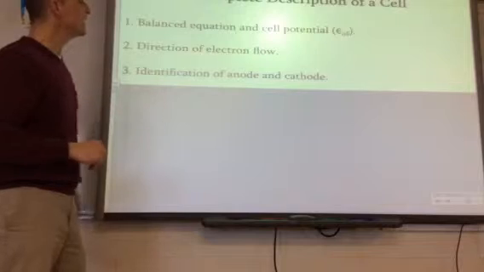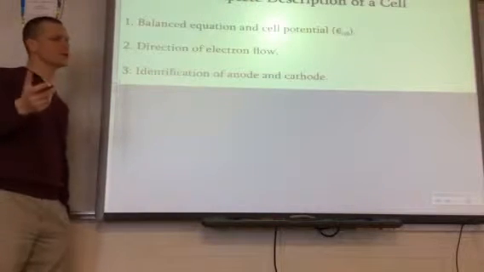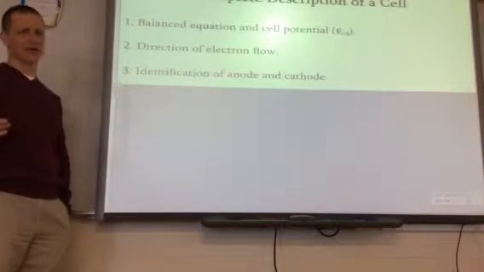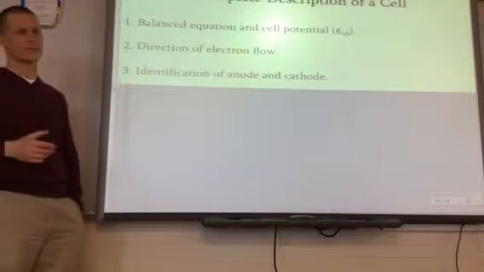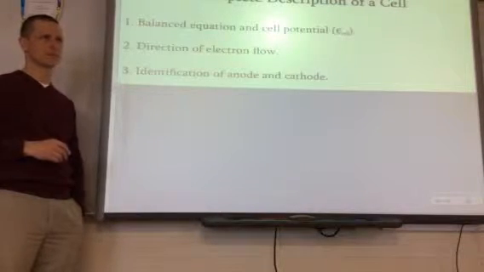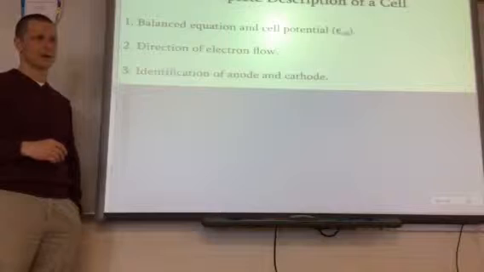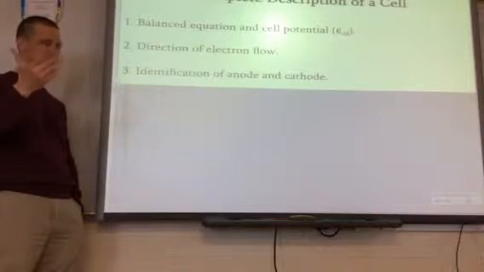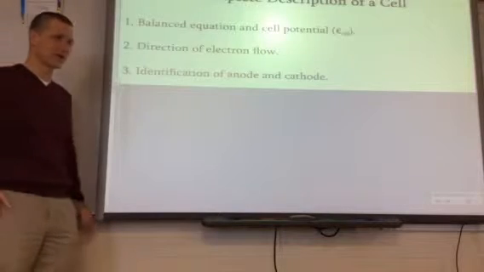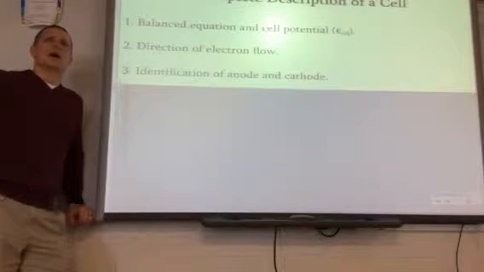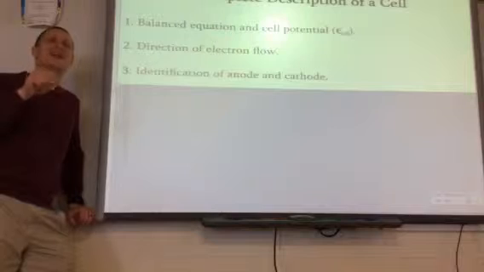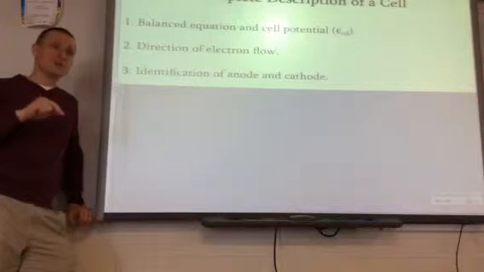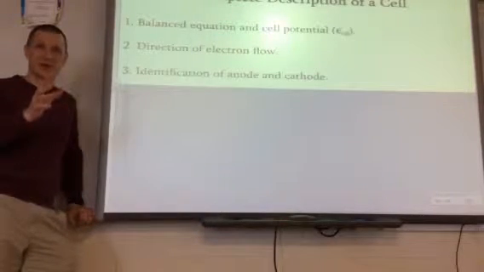Number 3, the problem almost always will ask you to identify the anode and the cathode. Now, I know the book confused a lot of you. One of you asked me before class, but I know other people were kind of scratching their heads over it. The thing that gets oxidized in a reaction is known as the reducing agent. Remember the picture in the book?